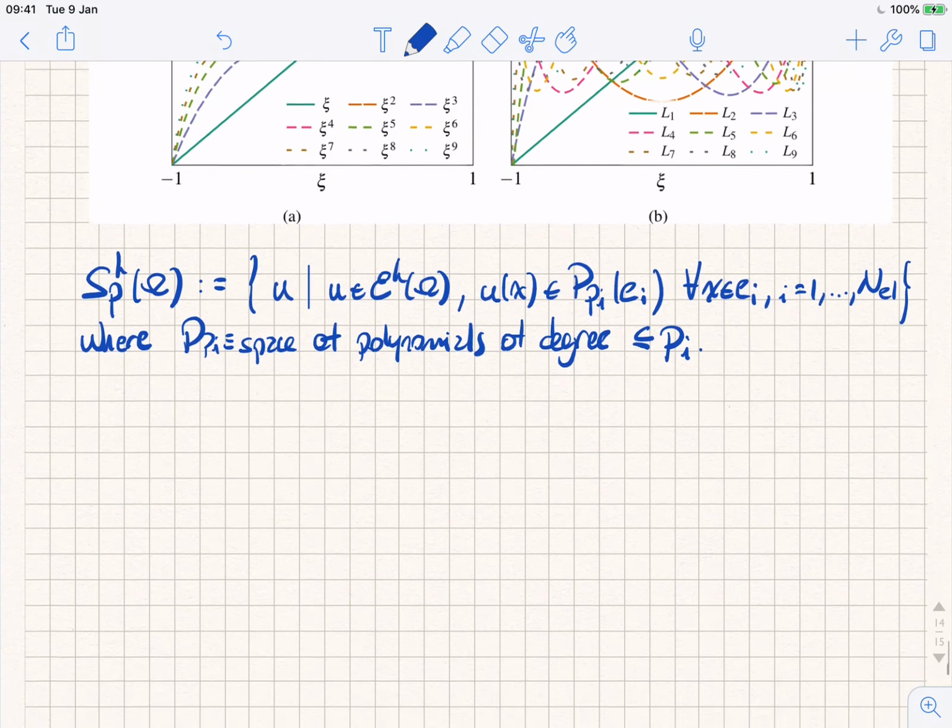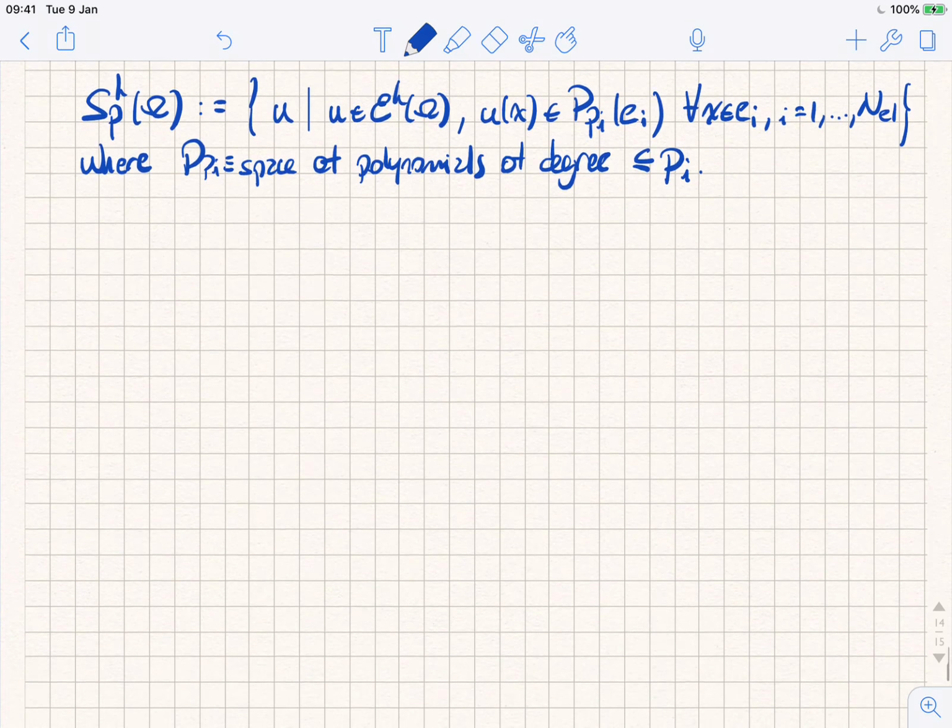And as we said, we're going to be dealing with the Legendre polynomials. So let's see how they look.